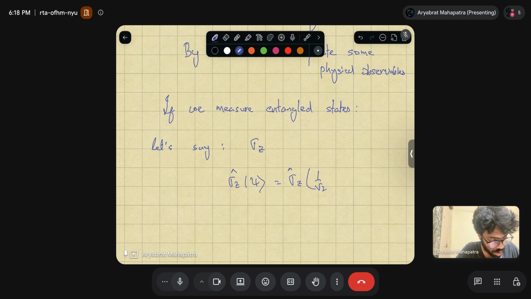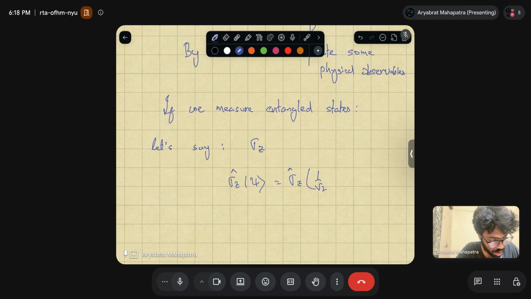Then it will give me, from our previous understanding, that whenever we operate something on a linear combination of states, depending upon probability we'll get one specific outcome. That is the collapse to a single state, which we have discussed many times before.